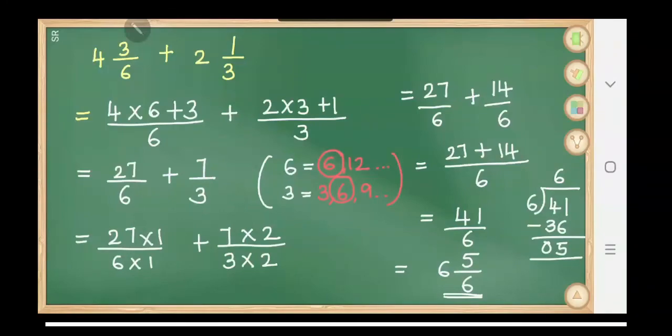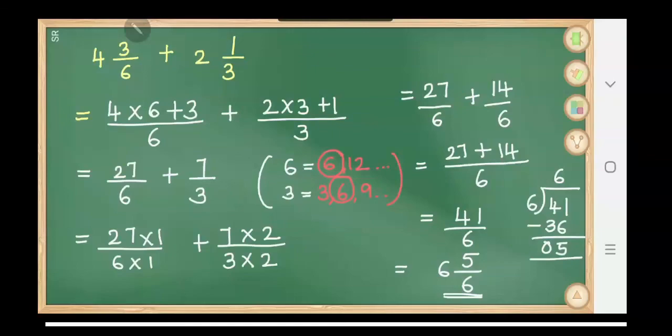Okay children, I hope you all have understood how to add mixed numbers or mixed fractions, those having like fractions and unlike fractions also. So whenever the denominators are not the same, you find the LCM and equalize the denominators.